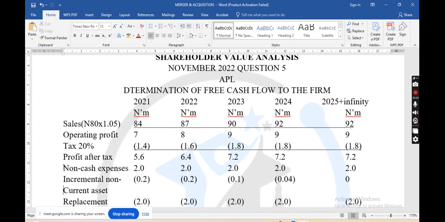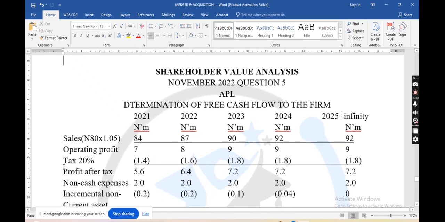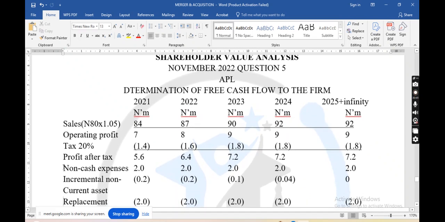Don't forget that shareholder value analysis is another form of valuation. You can use it. And when you want to do a valuation, either you use free cash flow to the firm, to equity, all the methods that you have, assets, net base, and all that.